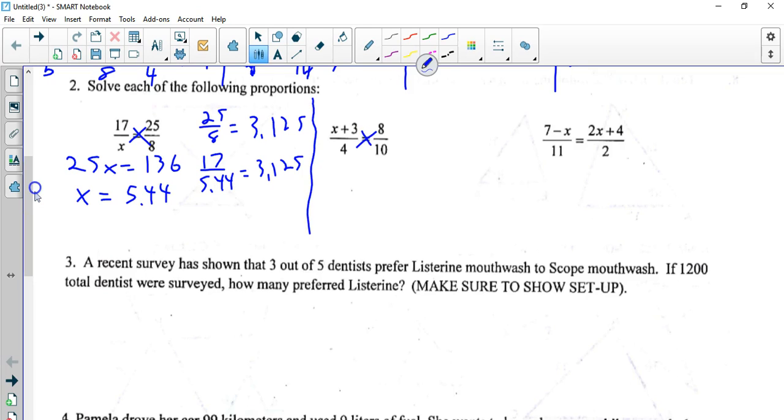Okay, cross multiply and solve. Now remember, when you do this, it's very important to put the x plus 3 in parentheses. Otherwise, if you write 10x plus 3, that's going to be wrong, because it's technically 10x plus 30 when you distribute it. Now you subtract the 30.